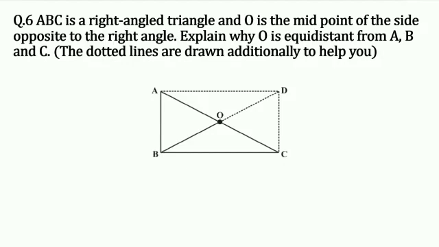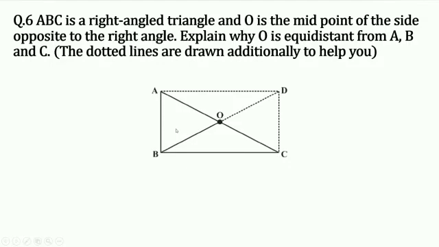Now explain why O is equidistant from A, B, and C. Equidistance means the distance from O to A, that is OA, is equal to OB is equal to OC. So that we have to explain.